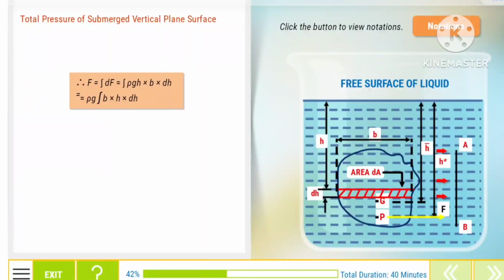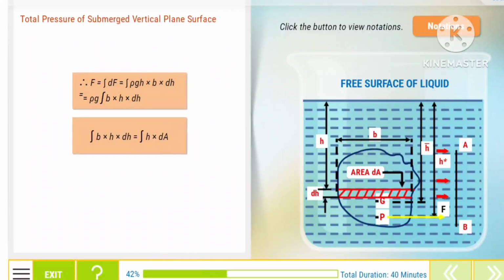Therefore, the total pressure force on the whole surface is F, which is equal to integral dF, which is equal to integral of rho into g into h into b into dh, which is again equal to rho into g into integral of b into h into dh. However, integral of b into h into dh is equal to integral of h multiplied by dA.